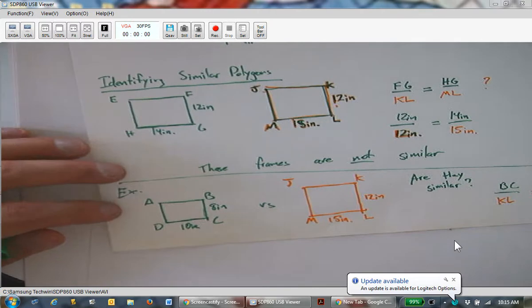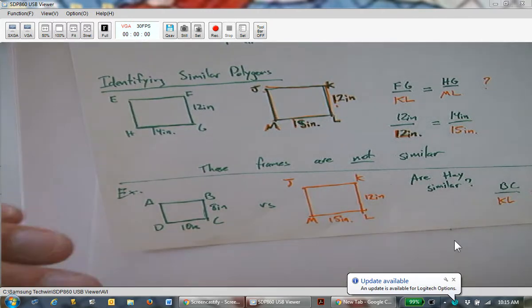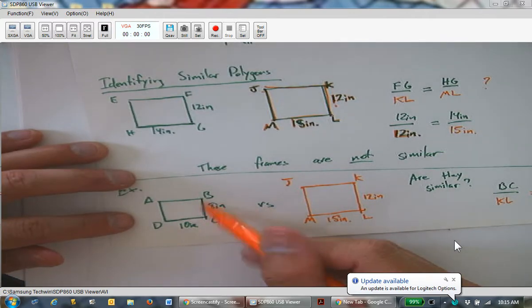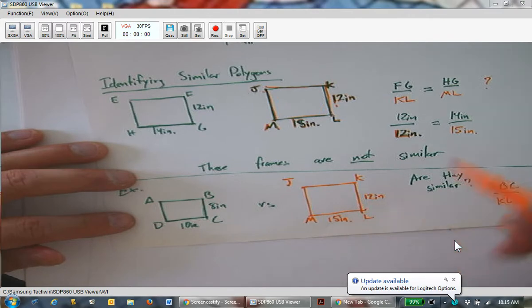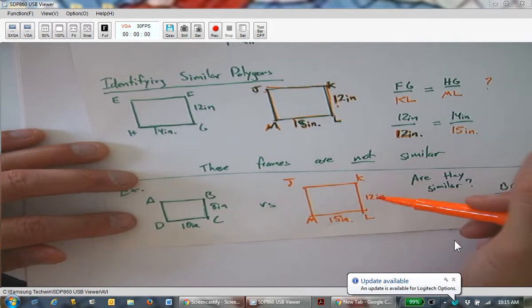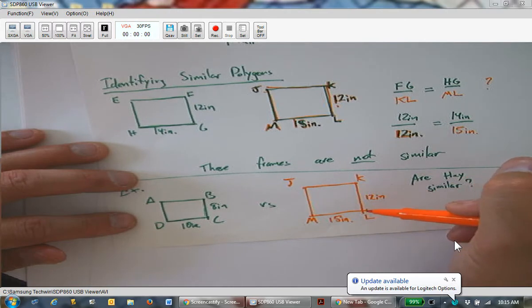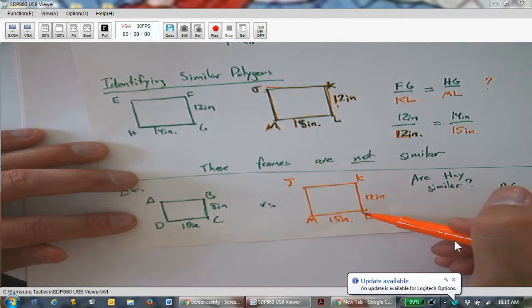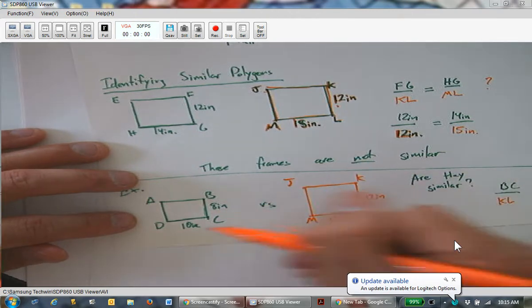The order doesn't really matter as long as it's consistent. You are comparing the corresponding sides appropriately to the corresponding sides. If you do this corresponding side over this corresponding side, or 12 over 8, let's say, the order in the next ratio has to be the same. It has to come from this side, then over this side.